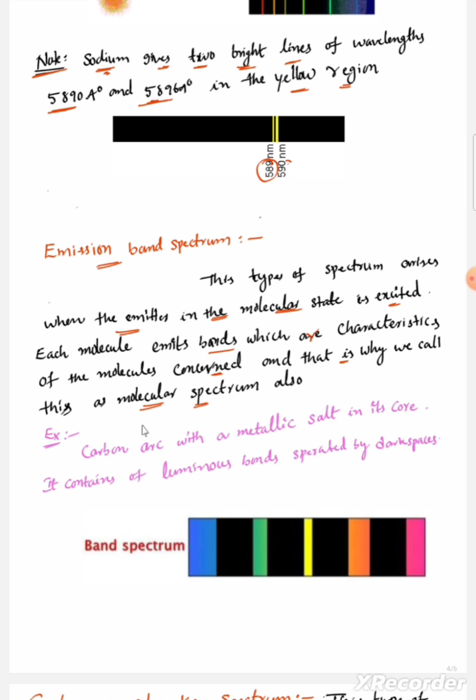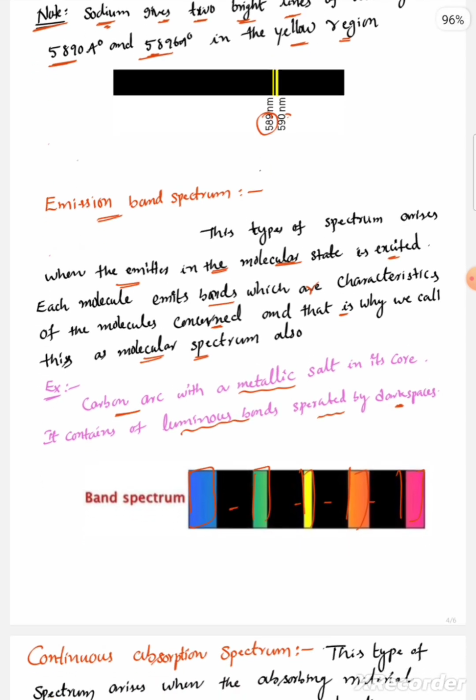For example, a carbon arc with a metallic salt in its core. It consists of luminous bands separated by dark spaces. This type of emission spectrum we call the emission band spectrum.